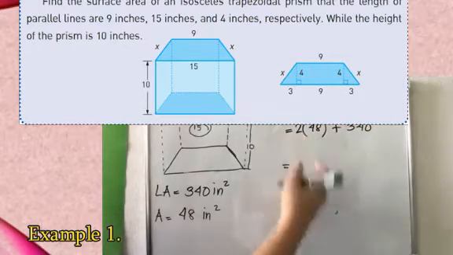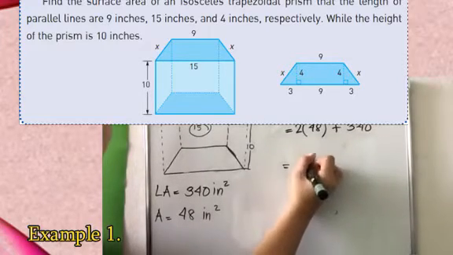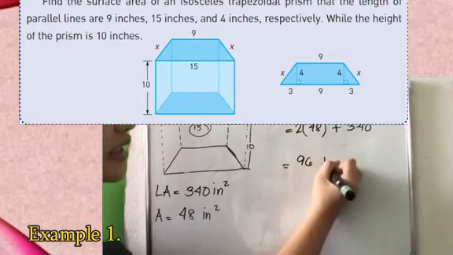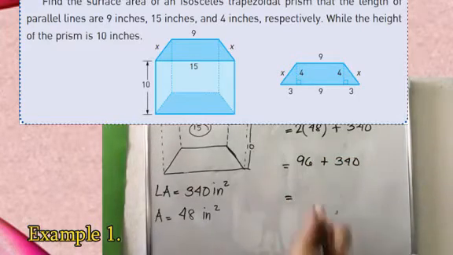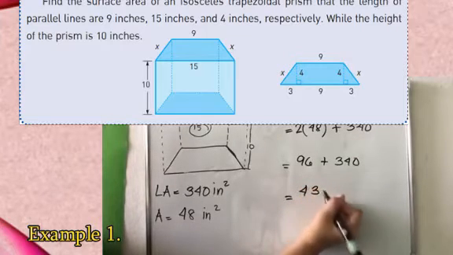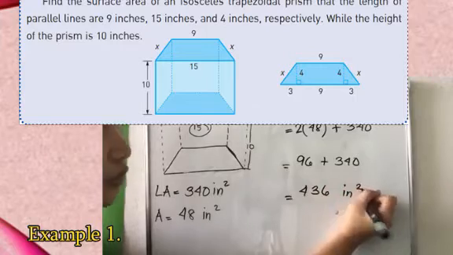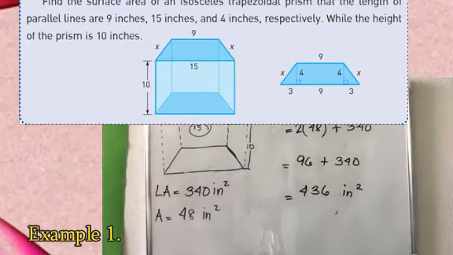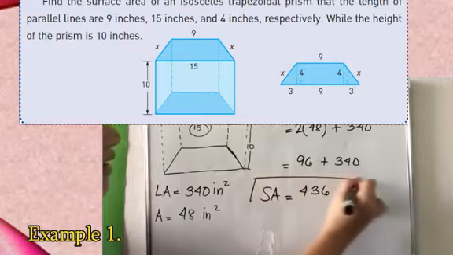So 48 times 2 is equal to 96, plus 340 is equal to 436 inches squared. So this is our surface area.